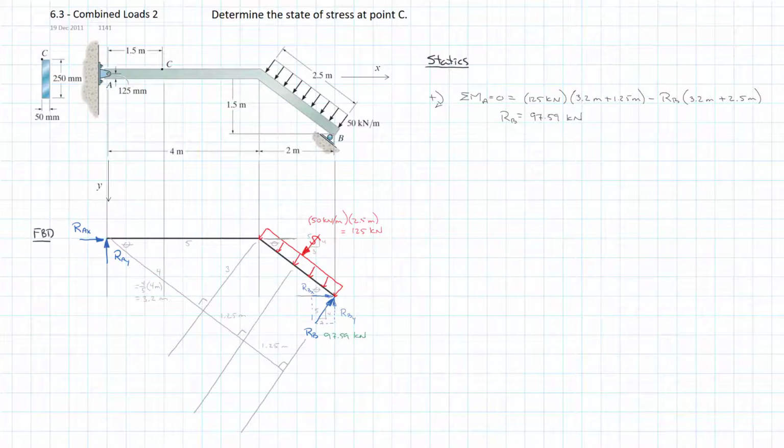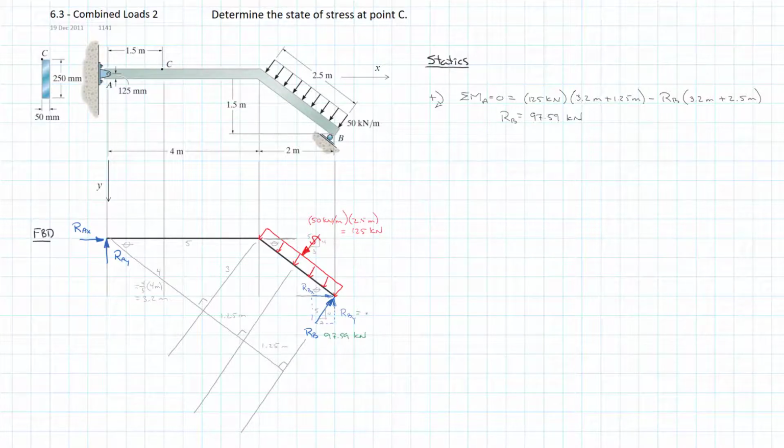So in anticipation of doing my next two statics equations, some of the forces in the x and some of the forces in the y, I'm going to very quickly go ahead and calculate what my RBx and RBy are. And I can do that just by multiplying the 97.59 by either 4/5 or 3/5, depending on which end of the triangle they are.